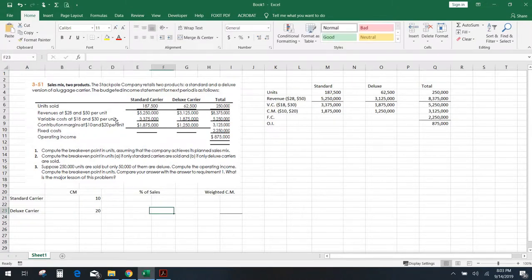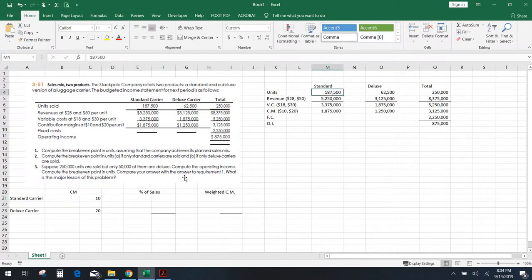Now we need to figure out the percentage of sales. So the standards sell 187,500 out of a possible 250,000. And I'm going to use these numbers over here, so that the Excel will automatically compute any changes later.